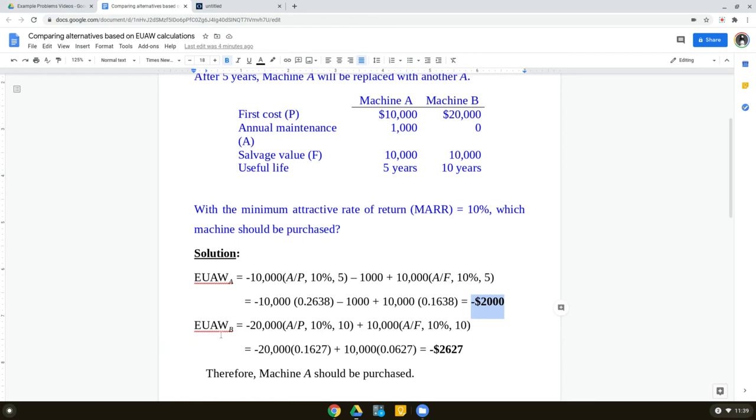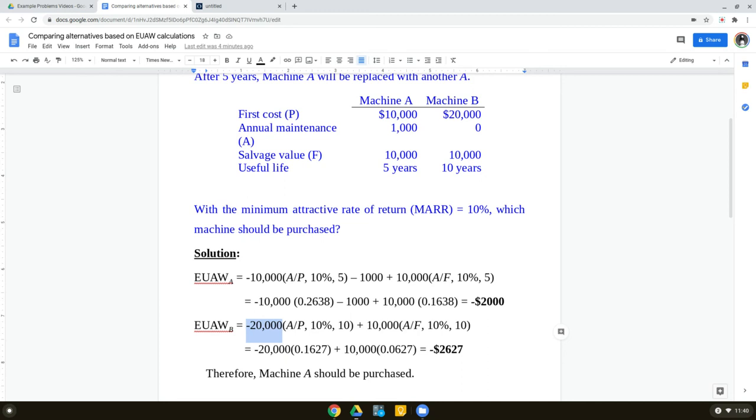Next is the equivalent uniform annual worth for machine B, right? So let's take a look at that. Minus $20,000 is the initial cost. It's a P value, and we want to convert it into its equivalent A value. We want to distribute this over 10 years because machine B has a life of 10 years.